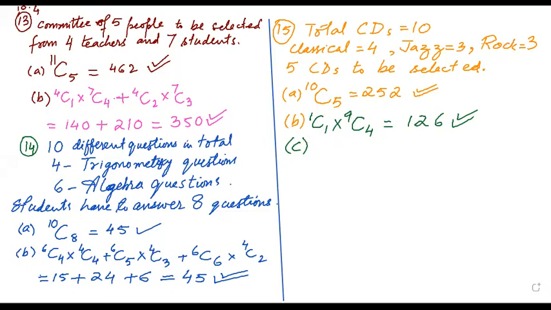So 3 CDs out of 4 classical, then multiplied by the remaining. The remaining CDs are 7, and now he has to select 5. So 3 already done, so 7C2.